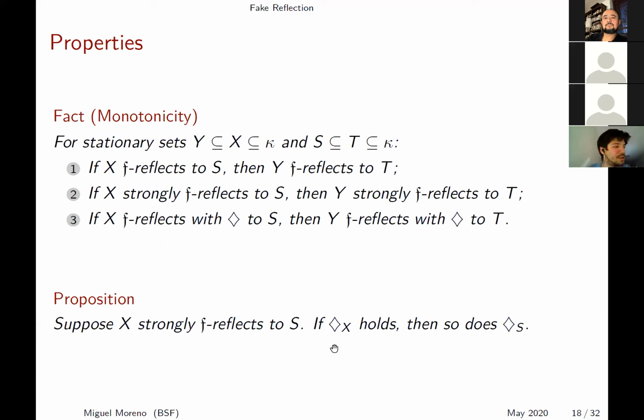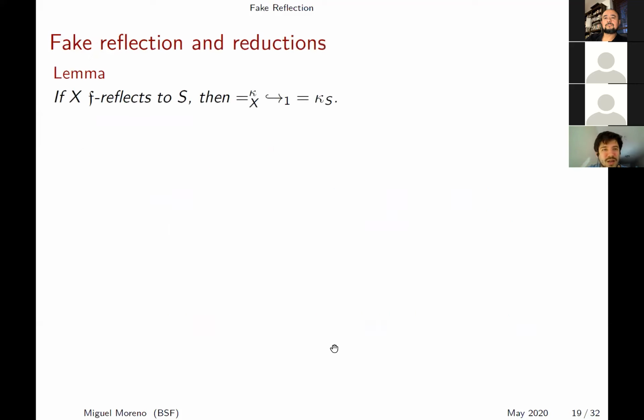But now let's go more to what we were interested in, the reduction part. So fake reflection and reduction. So if X filter reflects to S, then indeed, oh, there's a typo.